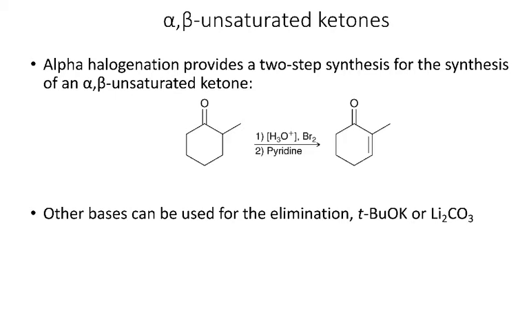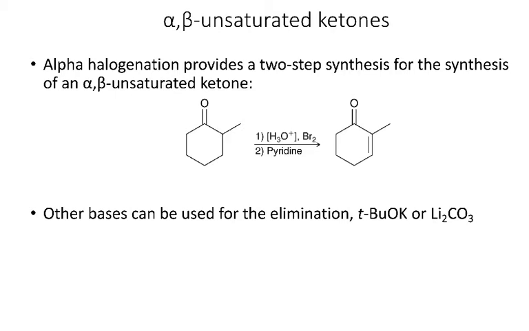The reason this is important is that earlier on this semester, when we looked at the Diels-Alder reaction, alpha-beta unsaturated ketones make really good dienophiles. They're also going to be important in Michael additions, a reaction we'll look at later on in this chapter.